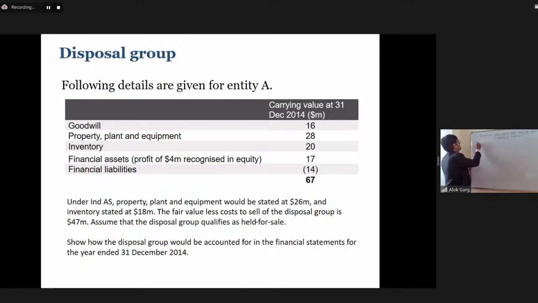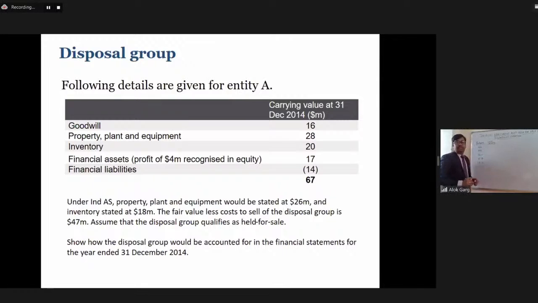Let me write here. So particulars, and the items are goodwill, PPE, inventory, financial assets and financial liability. And this is a value as on 31st December 14. Carrying value on 31st December 14.